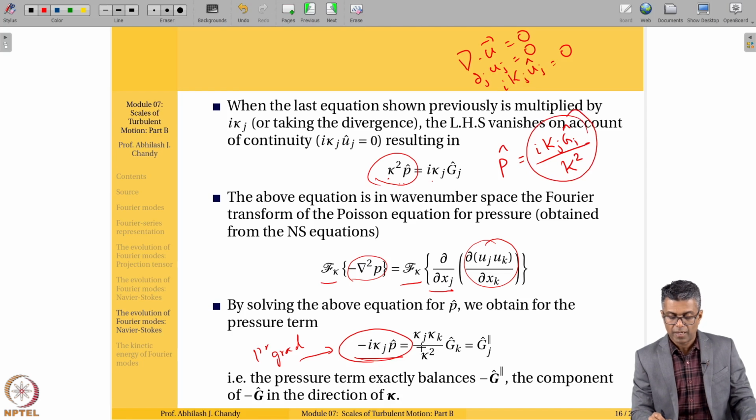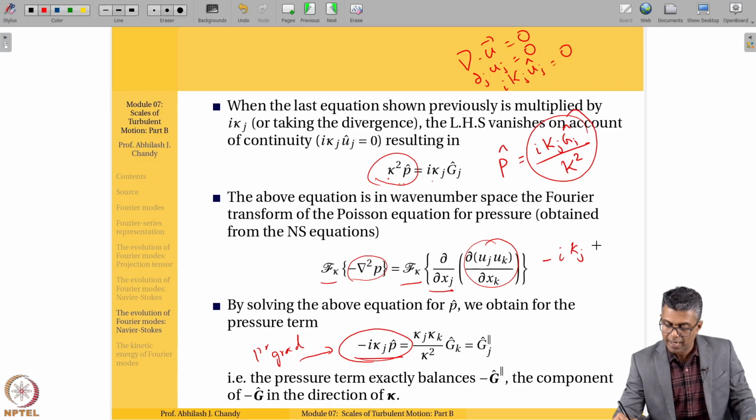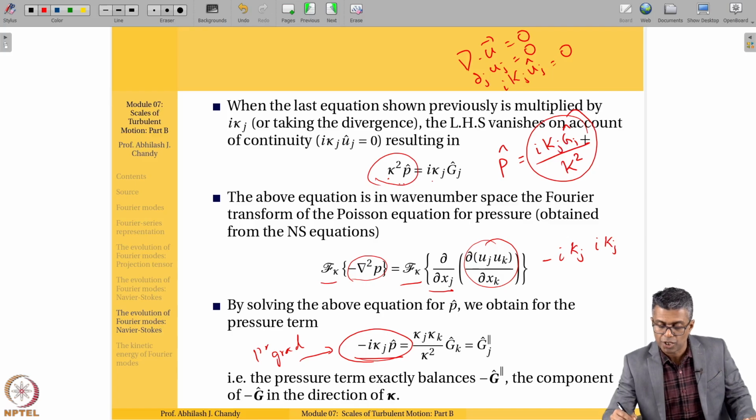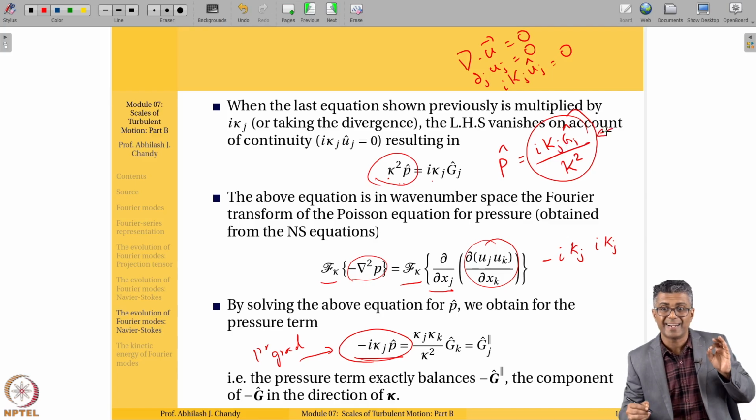So I have kappa j, kappa k, g hat k. What did I do? I have minus I kappa j times a I kappa j, and then, remember, kappa j gj in here is a dummy index.